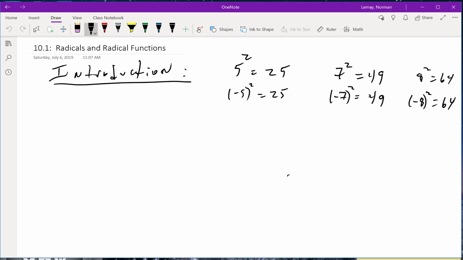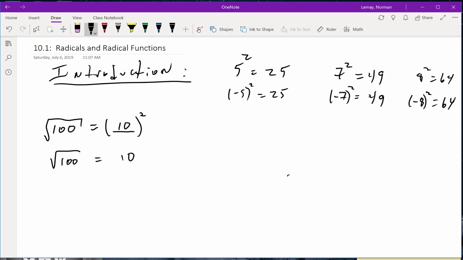So the question is, given a number, say for example 100, and we want to take the square root of 100, what does this equal? Basically what this is asking is, if I take a number and square it, what number gives me 100? We all know that this is going to be 10. So we say that the square root of 100 is equal to 10.